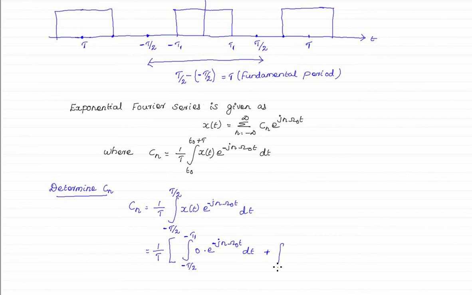Next term, we can take it from minus t1 to t1, where x of t is equal to 1. The last term, we can take it from t1 to T by 2. Here also, the input x of t is equal to 0.